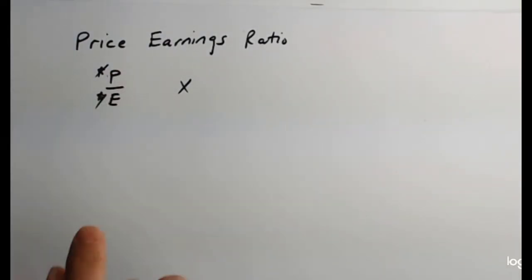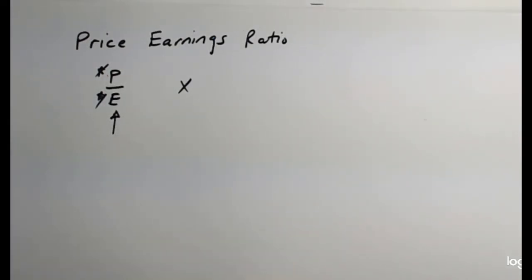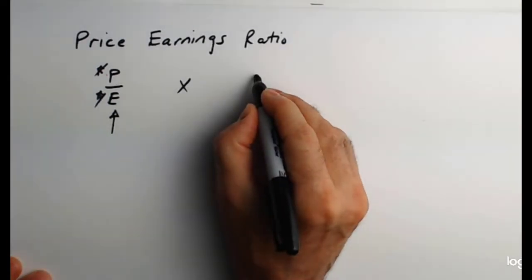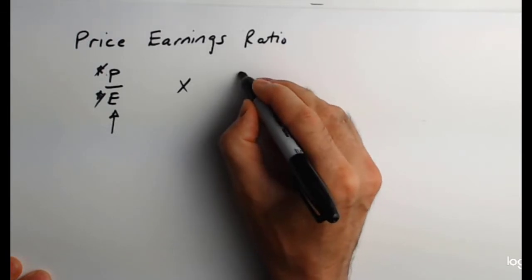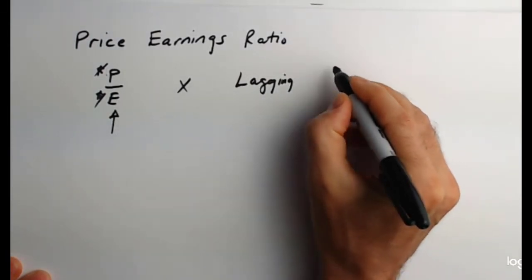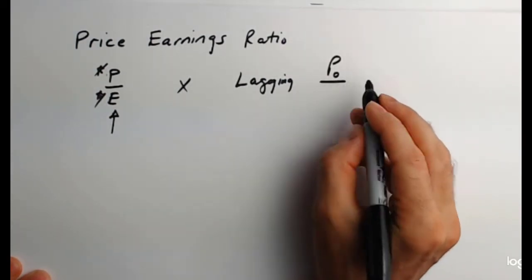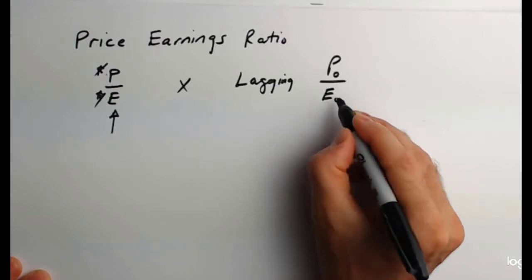Now we can't get very far with this particular version of it because I haven't given you any timing components. There's two types of PE ratios. There's a lagging PE, and the lagging PE takes today's price at time 0 divided by earnings that just happened right at time 0.